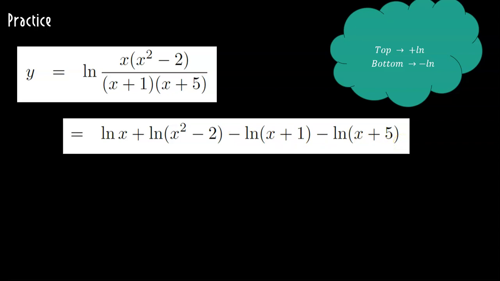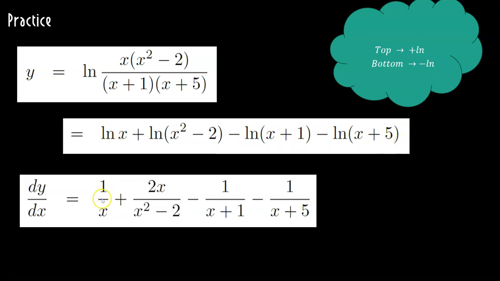This is easy to take the derivative of. Natural log of x goes to 1 over x. Natural log of x squared minus 2, I get 2x over x squared minus 2. Natural log of x plus 1, I have 1 over x plus 1. And natural log of x plus 5, I have 1 over x plus 5. That is so much nicer than trying to do a product rule and a quotient rule and all that mess.